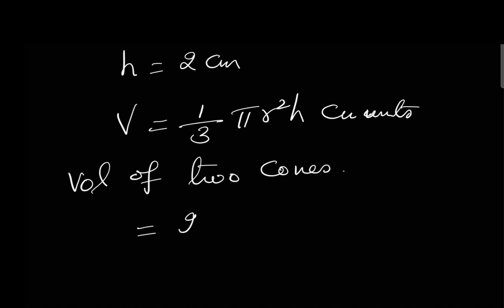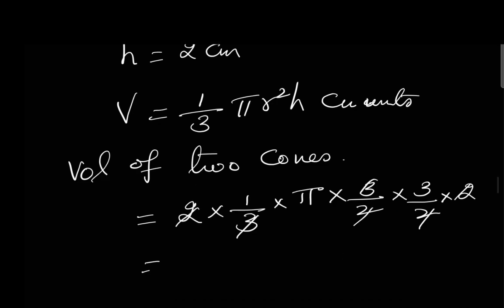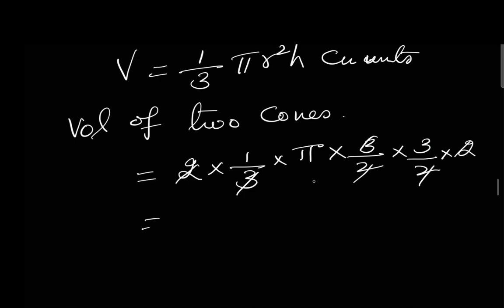So 2 into 1 by 3 into pi. Keep pi as it is. r is 3 by 2 into 3 by 2. See, what about the height? Height is 2. So here 1 3, 1 3 cancel. Here 1 2, 2 cancel. This 2 and this 2 cancel. So the remaining terms are 3 pi. Here you just have 3 pi.